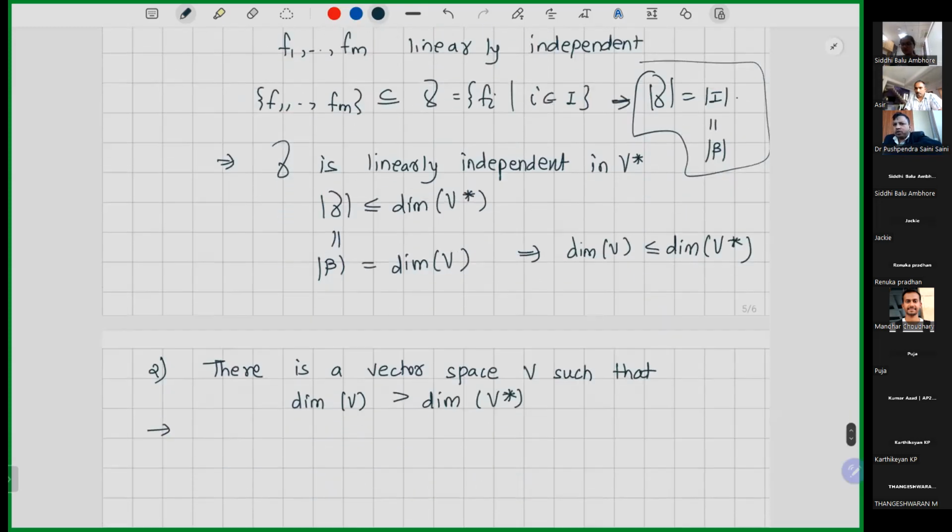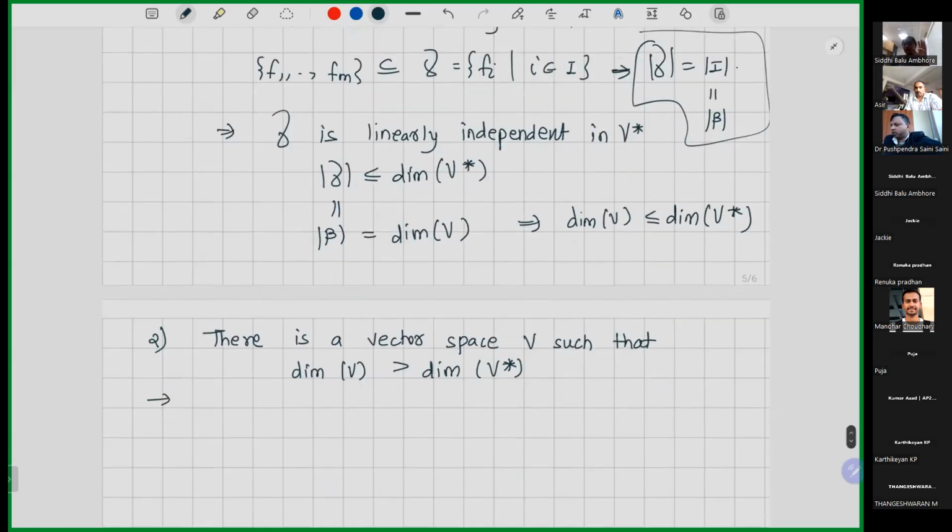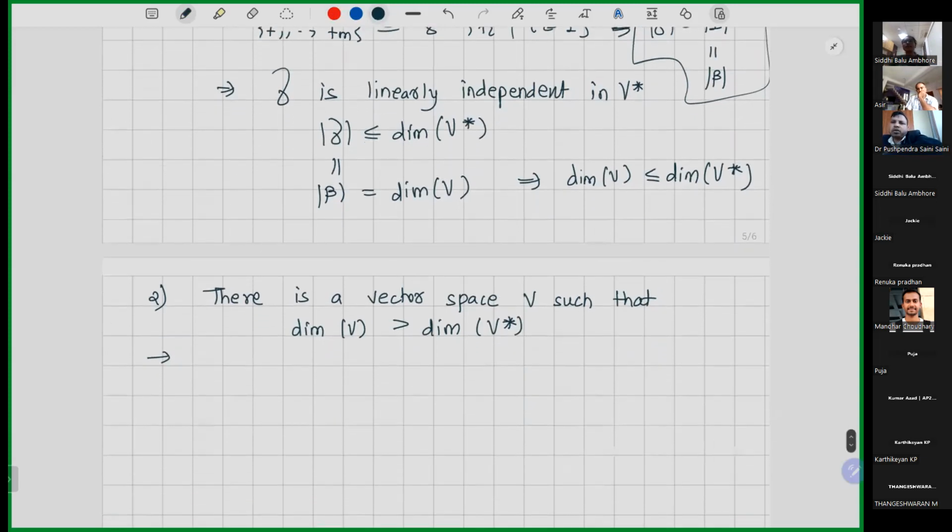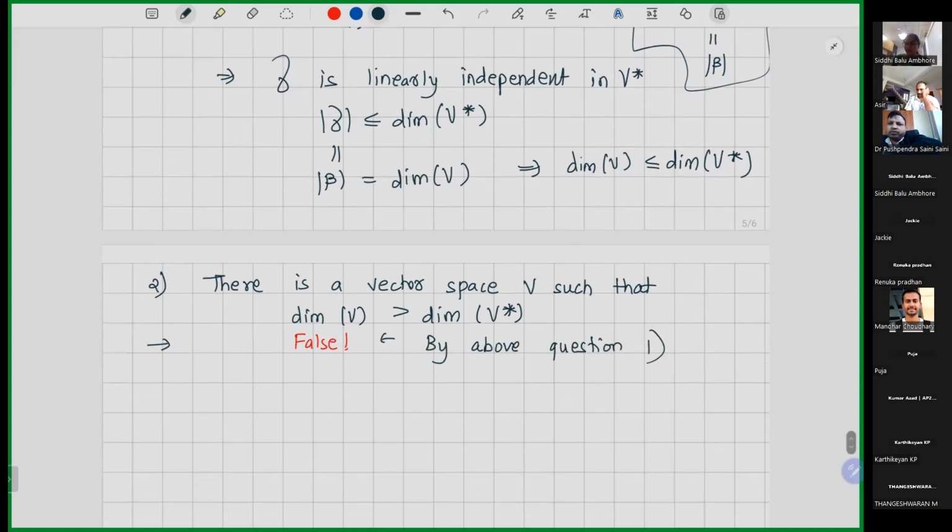We just proved a statement for arbitrary V. It is false, because we just proved that for any given vector space, by the question above.